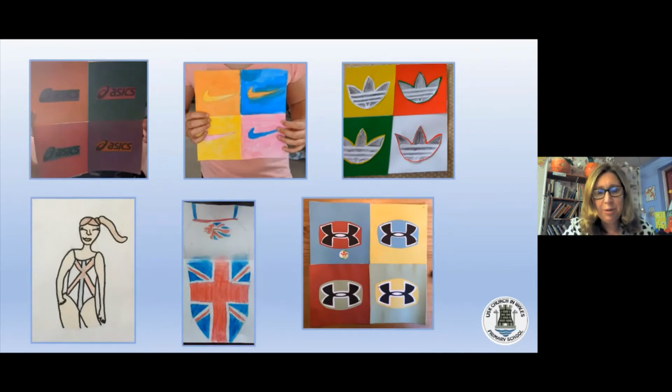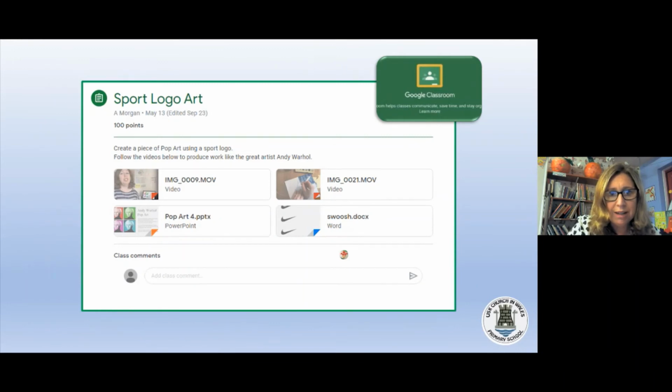This is an example of our sport logo art. This was based around the work of Andy Warhol. I taught a lesson live, which I have included in my resources for you to look at. I'm not the best presenter, I can promise you, but it talks the children through the process and understanding what pop art is.